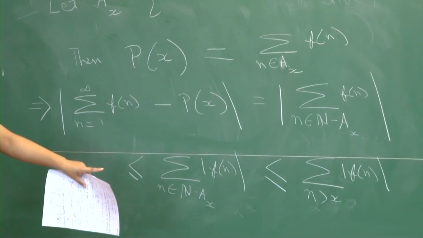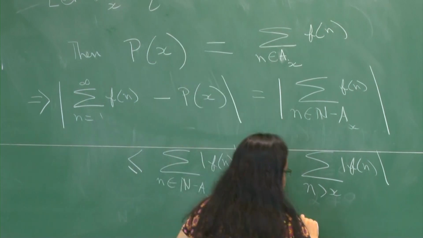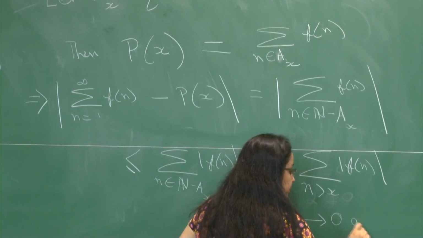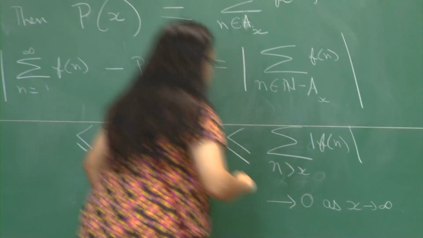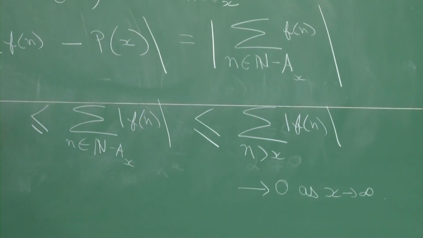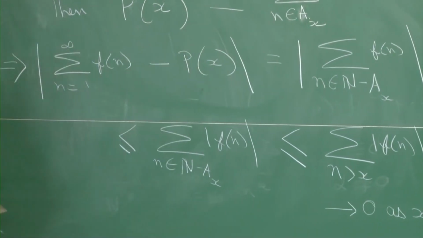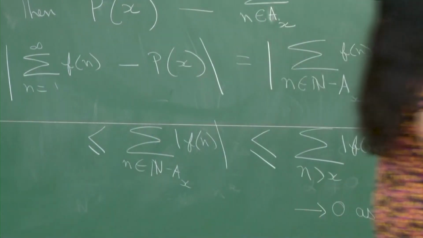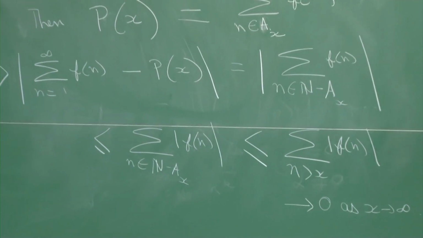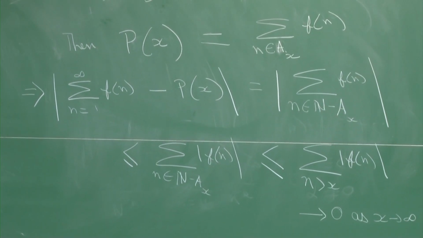This is a tail of an absolutely convergent series, and therefore this goes to 0 as x goes to infinity. Therefore, as x goes to infinity, this difference is going to 0, and this tells you that your infinite product over primes is exactly equal to the infinite sum that you started off with.